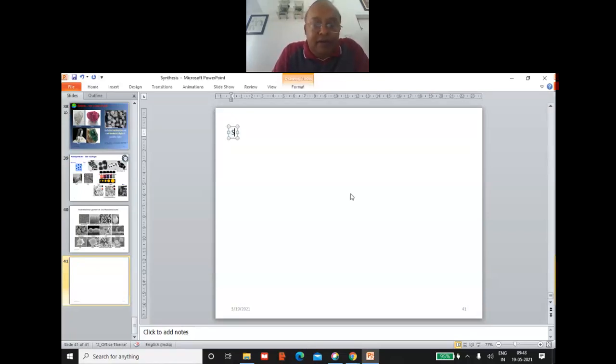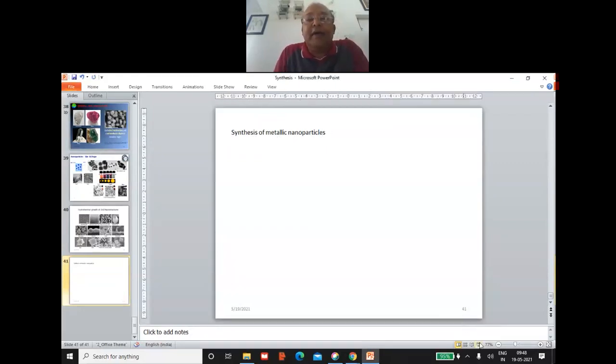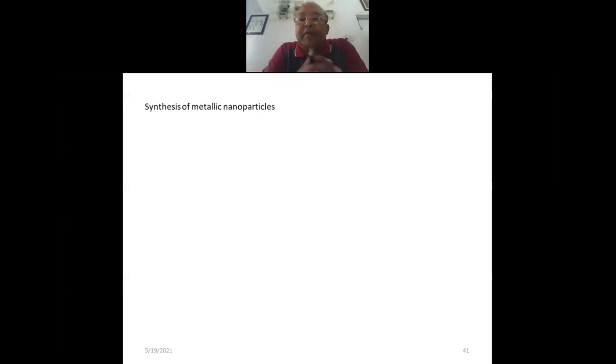All right, so let's try synthesis of some metallic nanoparticles. Let's understand with an example of some metallic nanoparticles. Let's take gold. No, let's take silver, the chemicals will be easier. So let's try to make some silver nanoparticles.